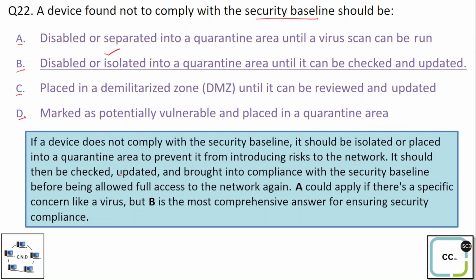It should then be checked, updated, and brought into compliance with the security baseline before being allowed full access to the network again. Option A could apply if there is a specific concern like a virus, but B is the most comprehensive answer for ensuring security compliance.